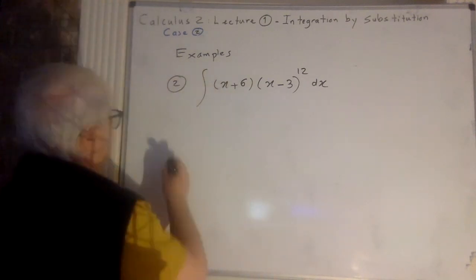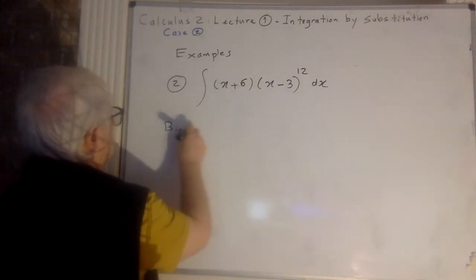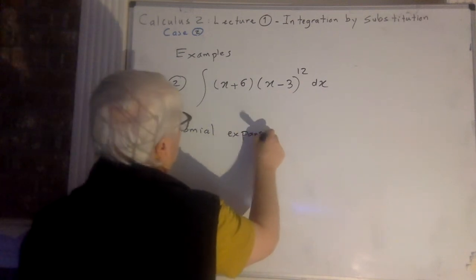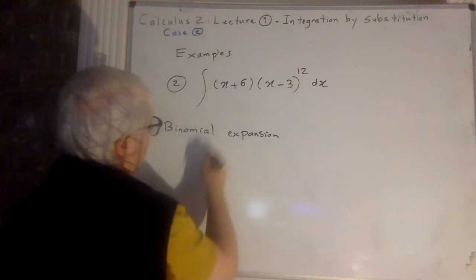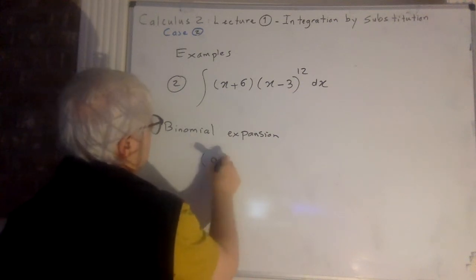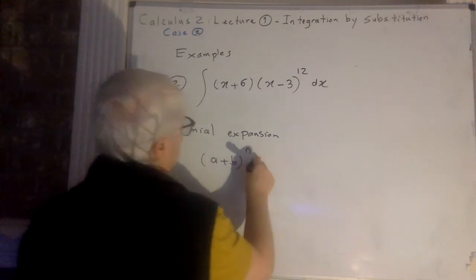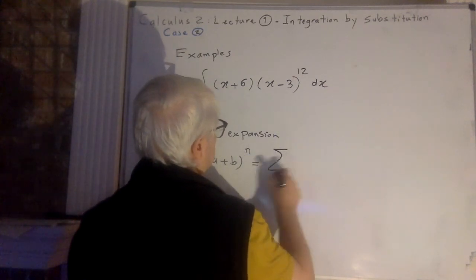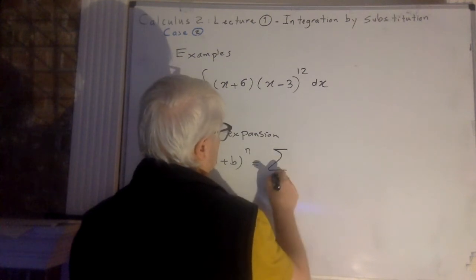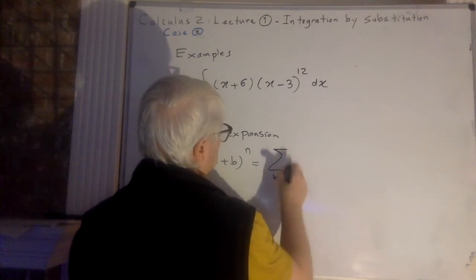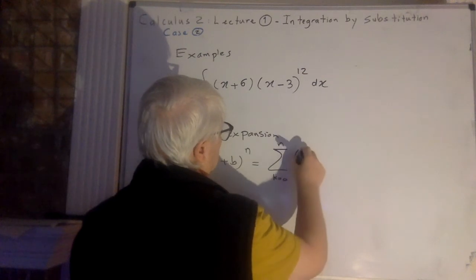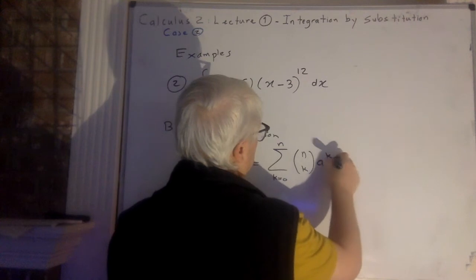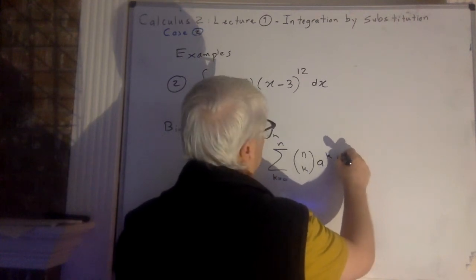So what is that binomial expansion? Binomial means 2. So if I have, say, (a plus b) to some power n, then this is a sigma, k from 0 to n, n choose k, a to the power k, b to the power n minus k.